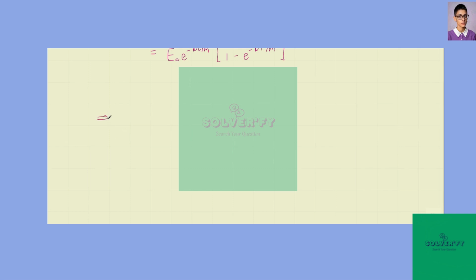And so the change in energy over the total energy, which is the fractional loss of energy delta E over E, is E naught e to the minus bt over m into 1 minus e to the minus b capital T over m, and all of this divided by E naught e to the minus bt over m.